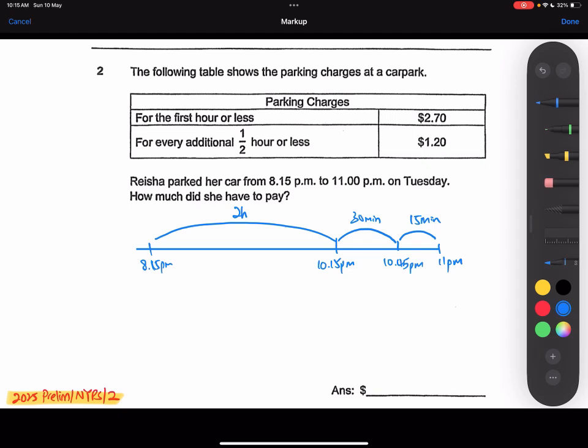Now, how much does she have to pay? She has to pay for the 2 hours. She also has to pay for the 30 minutes here, and then 15 minutes here, because for every half an hour or less, they're counting it in blocks of half an hour. So for this block here, she will need to pay the entire block of 30 minutes.